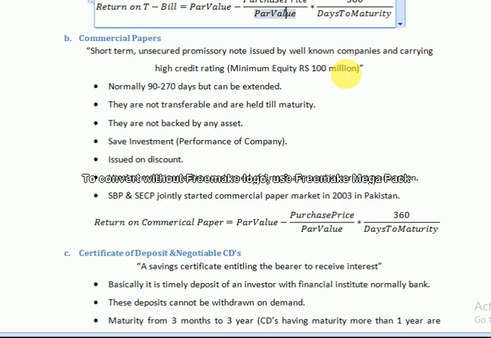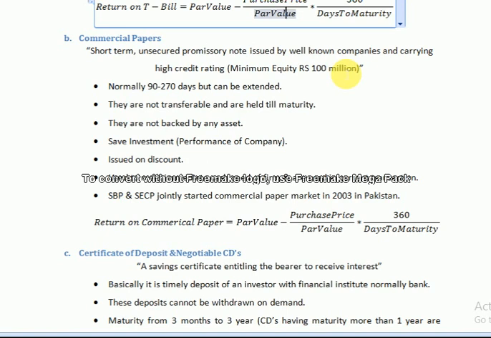Money market instrument means its maturity is up to 9 months, less than 1 year. Mostly the money generated through commercial paper, corporations are bound to spend on current assets, not on fixed assets.